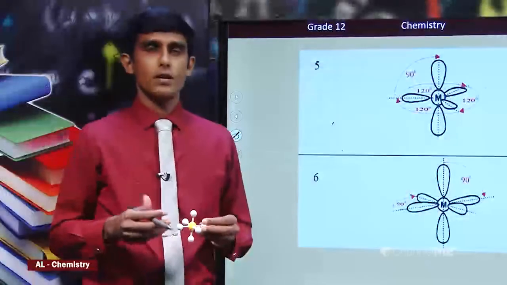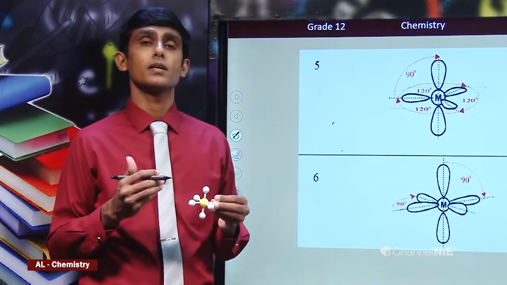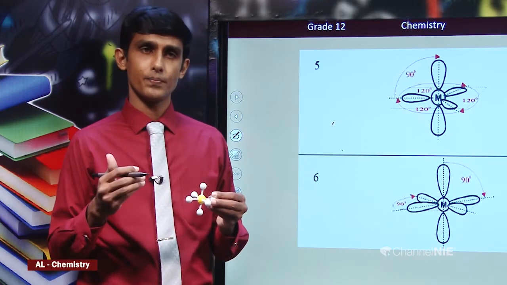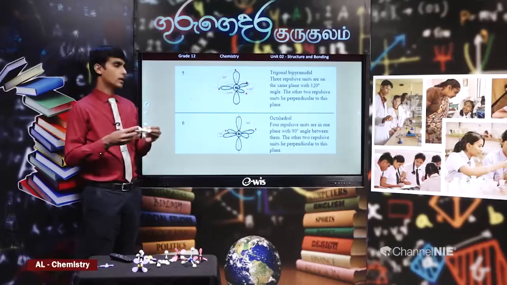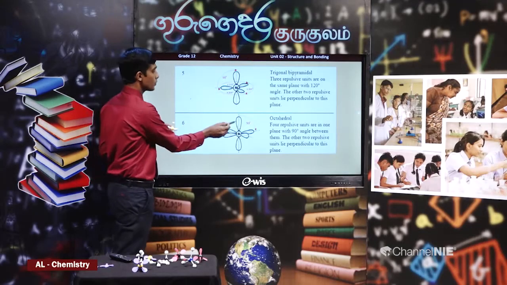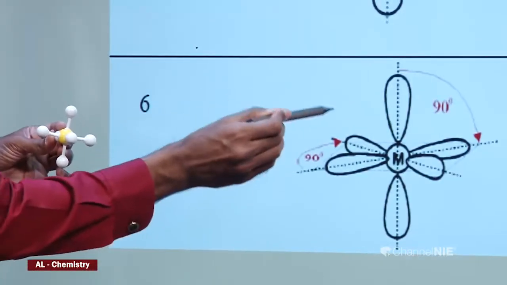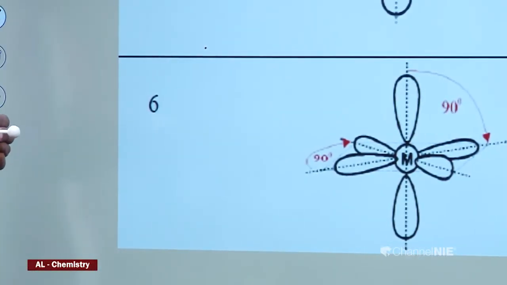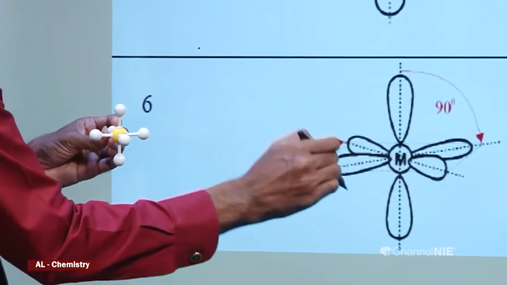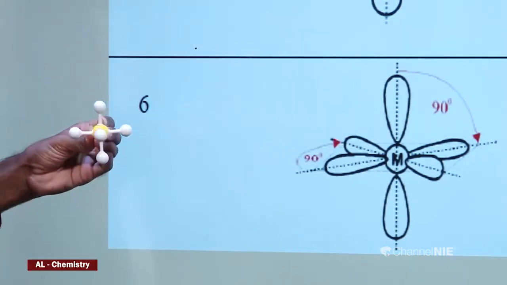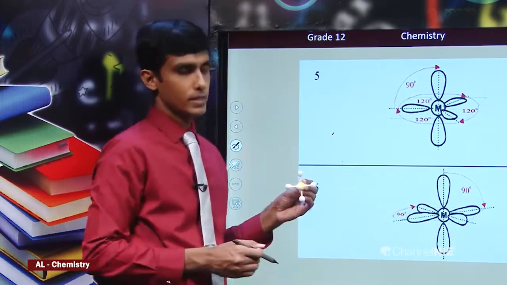When you have 6 VSEPR pairs around a particular central atom, they will be arranged like this. This arrangement is known as square bipyramidal or octahedral. All the angles here are 90. If all the electron pairs around that are identical, let us say all are bond pairs, then all the angles will be 90.